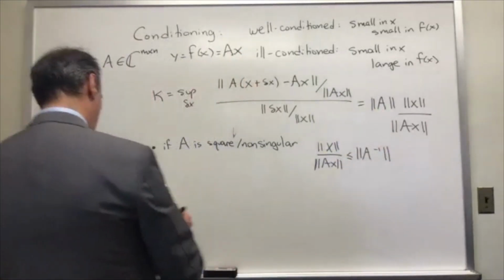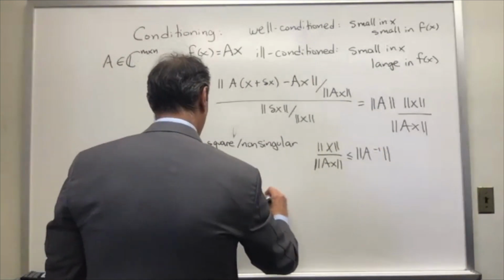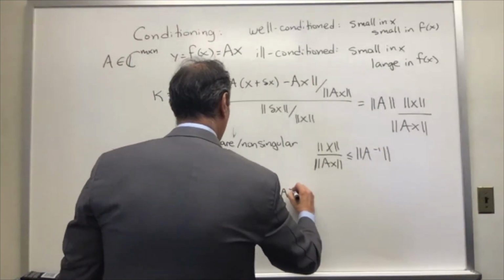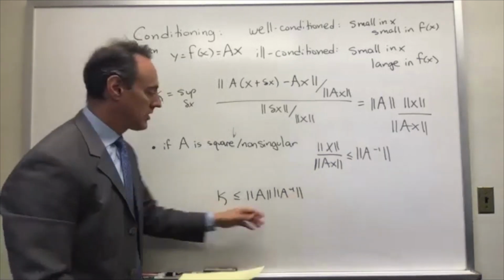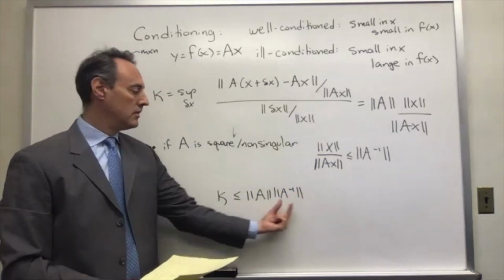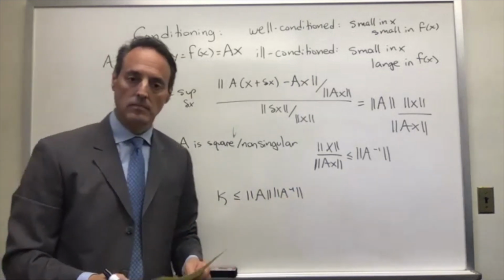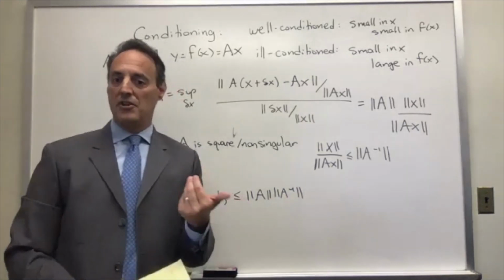So what you're going to get then is that the condition number is less than the product of the matrix norm and the inverse matrix norm. It's kind of interesting.